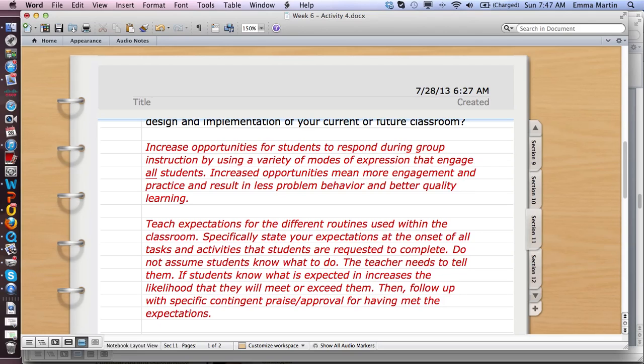And then she needs to consistently and contingently reinforce that behavior. And we'll talk about that in our next Big Blue Button presentation. So these simple things will make a difference, and she will begin to see some changes.